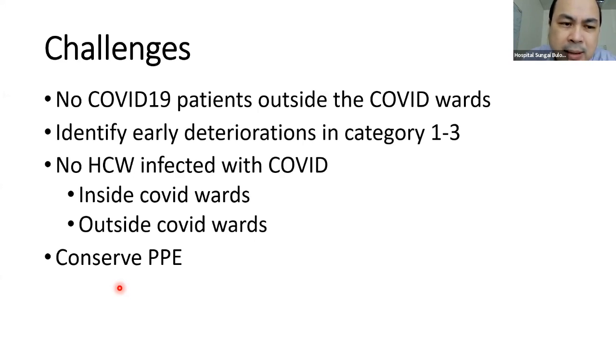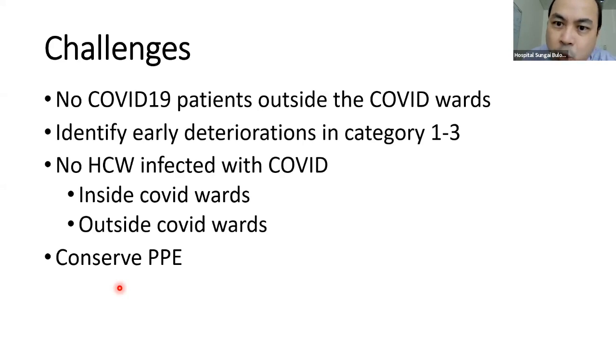And one of the biggest challenges is ensuring no healthcare worker ends up getting COVID, whether by taking care of COVID patients, or when they are not taking care of COVID patients, they are resting or they are working in some other ward. How do we prevent them from getting COVID?